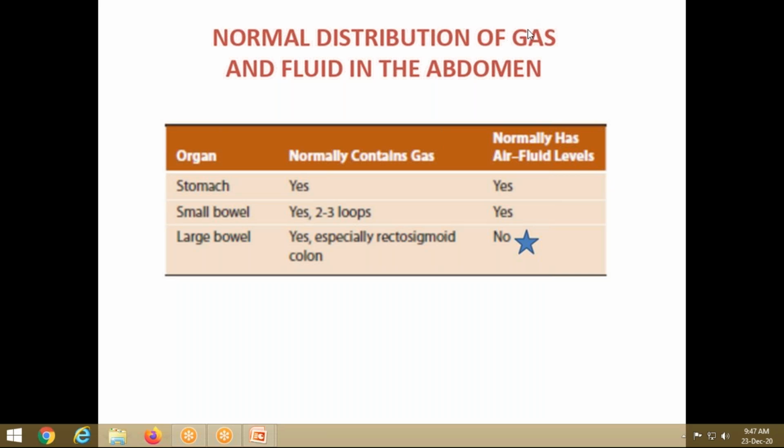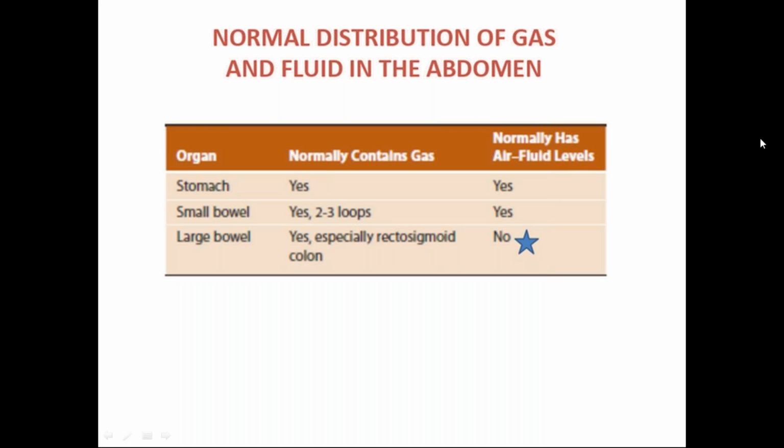So how do we say if it is normal gas in the abdomen or abnormal gas? Each organ has a normal and an abnormal amount of air and air fluid levels. In the stomach, it is normal to have air fluid levels, and so also in the small bowel.